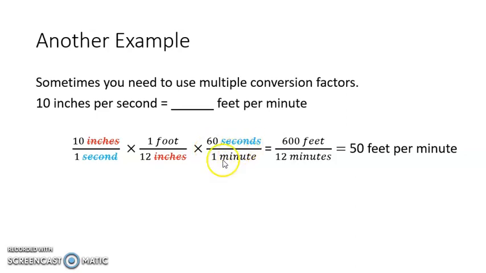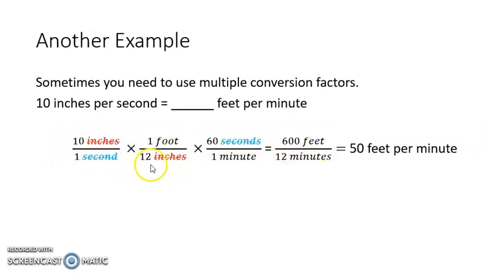I did 60 seconds and 1 minute, and I just made sure that if seconds were on the bottom here, I made sure that they were across from each other up here, so it's on the top. Now I crossed out all of the units that match and can reduce, so inches and inches will cross out, seconds and seconds will cross out, and I multiply the numbers. 10 times 1 times 60 is 600 feet.